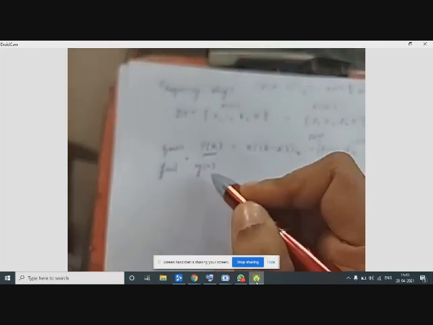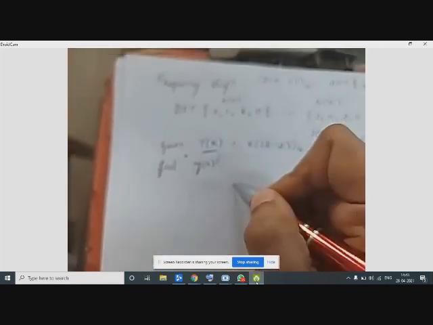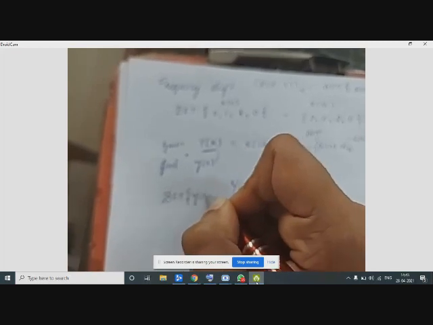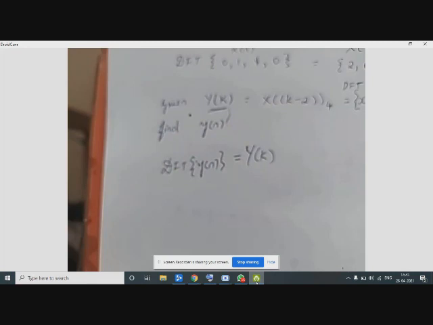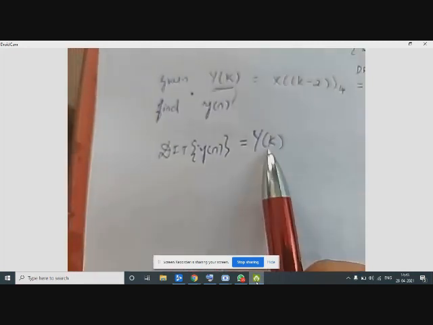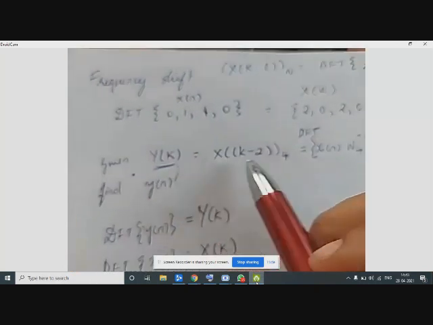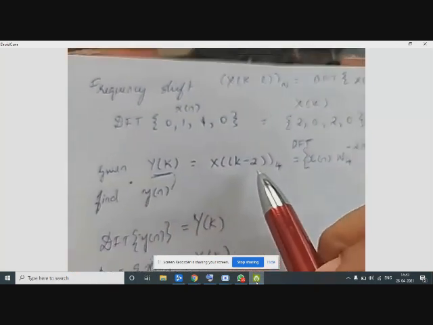If this is y of k, y of n is what? Y of k is DFT of y of n, and DFT of x of n is x of k. So you have y of k equal to x of k minus 2.